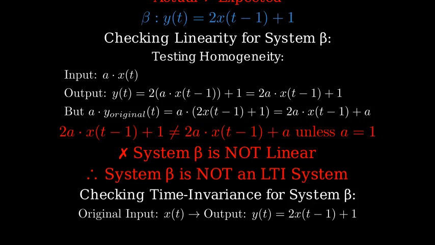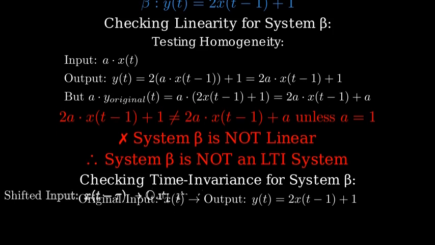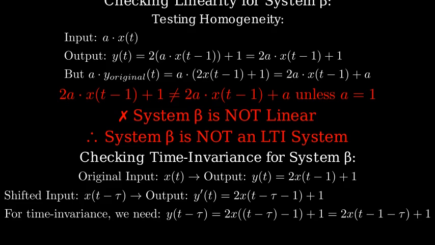Now, if we shift the input to x of t minus tau, the new output becomes y prime of t equals 2 times x of t minus tau minus 1 plus 1, which equals 2 times x of t minus 1 minus tau plus 1. For time invariance, the shifted output should be y of t minus tau, which equals 2 times x of t minus tau minus 1 plus 1.